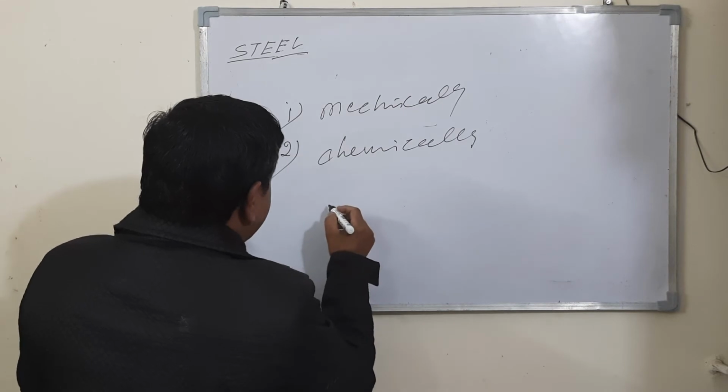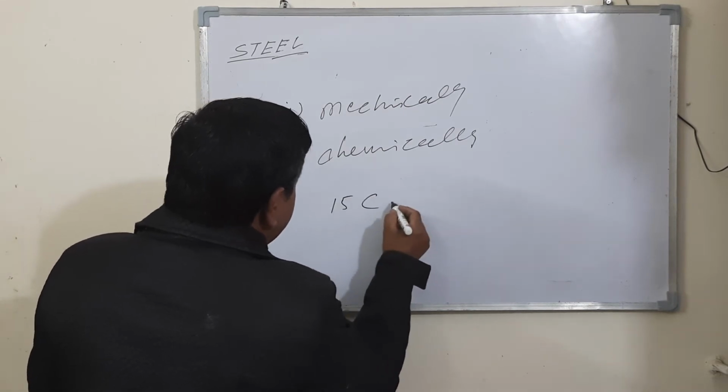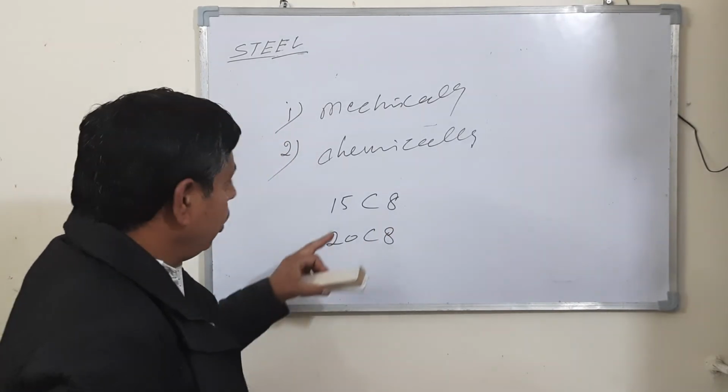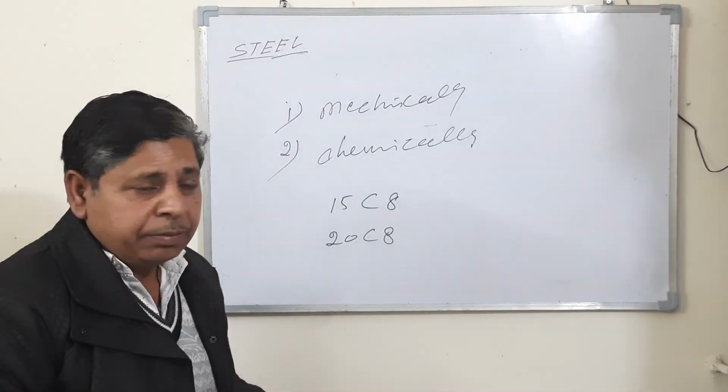So this is the chemical designation of steel. For example, you can take 15C8, 20C8. What is the meaning of the number 15?